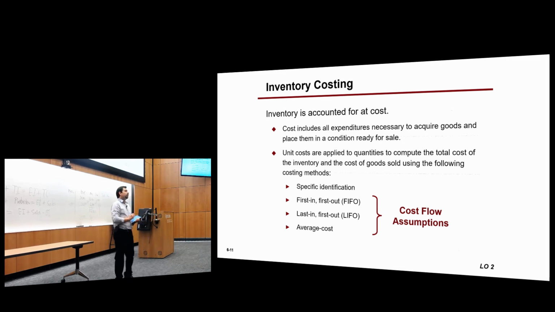Okay? So now we will be talking mostly, although this could be applied to perpetual and periodic with some differences, we will be doing the periodic system here because it's a little bit easier to understand and to grasp. Okay? So we'll be using the periodic system to calculate the cost of goods sold.